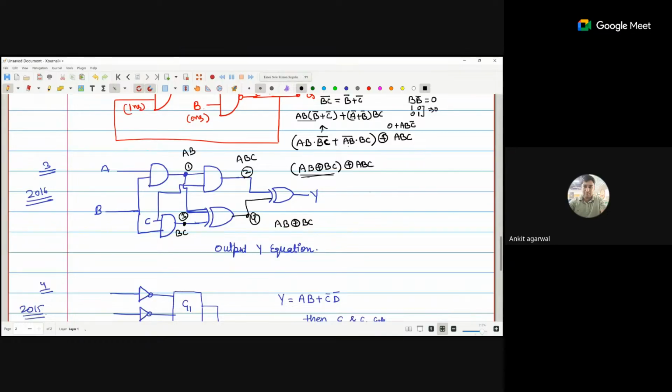Okay, A bar B C, again B bar B C, so that is 0. So only two terms remain, A B C bar plus A bar B C, and that will be XOR with ABC.